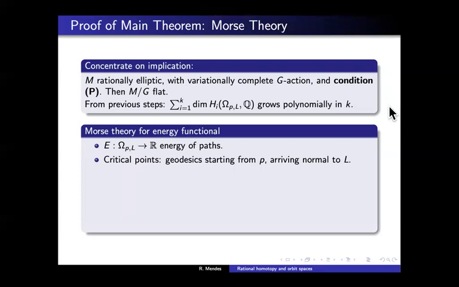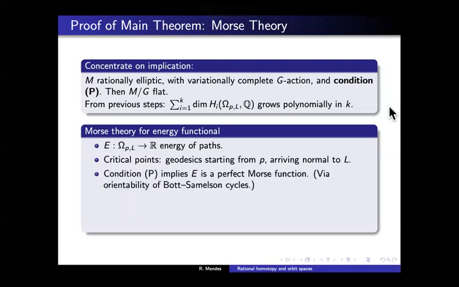Morse theory is about looking at critical points and their index, right? So what are the critical points of the energy functional for the space of paths? They're exactly the geodesics that start from the point P and arrive normal to L, okay?